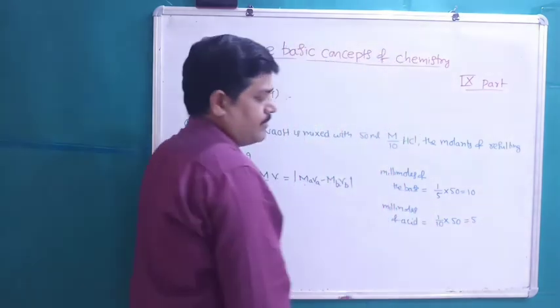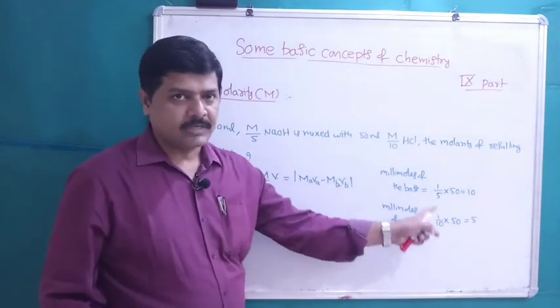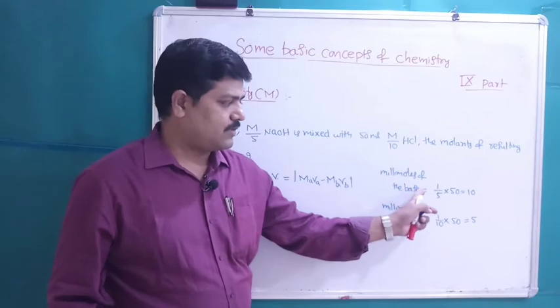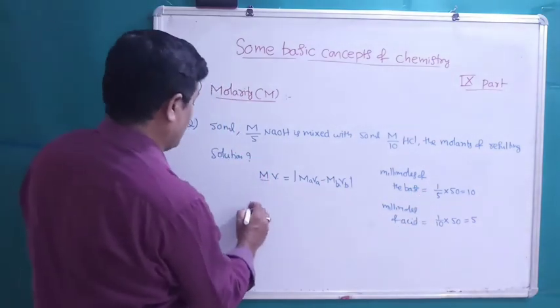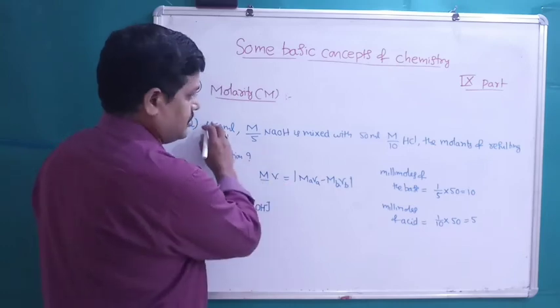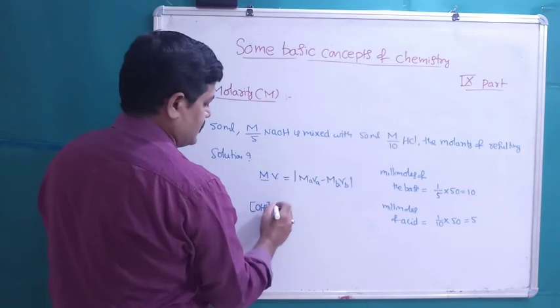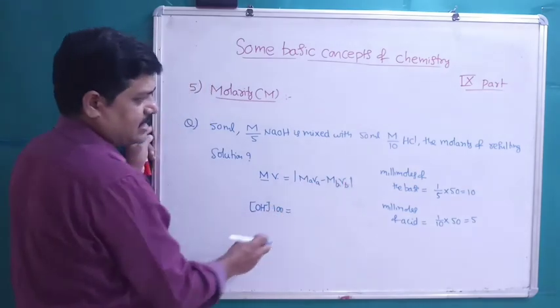So here millimoles of the base is greater than millimoles of the acid. Then the resultant solution will be basic in nature. Then this molarity is the concentration of OH minus, and V is V1 plus V2, 100. This difference we can take here, right?